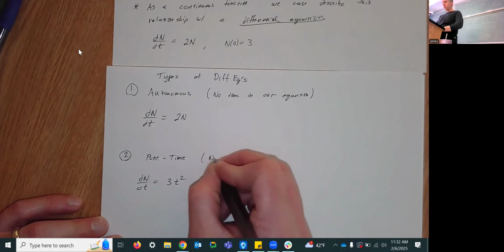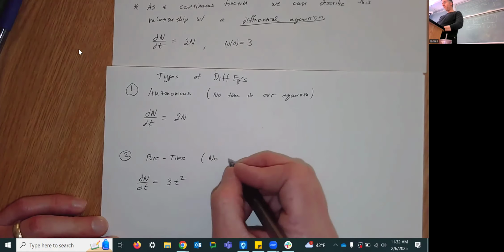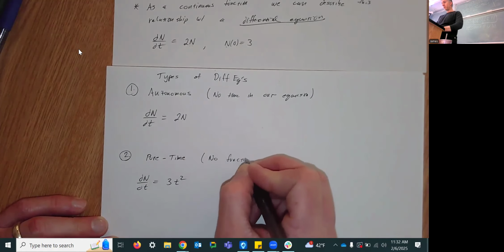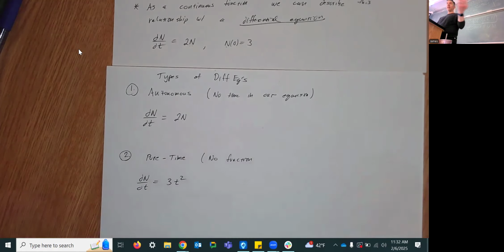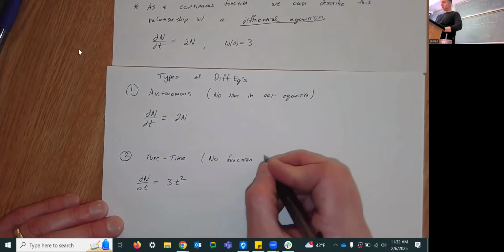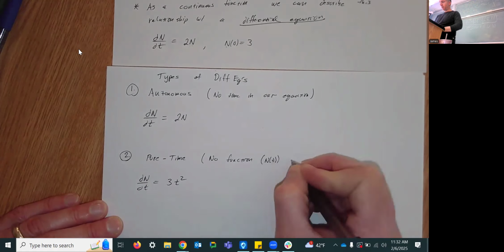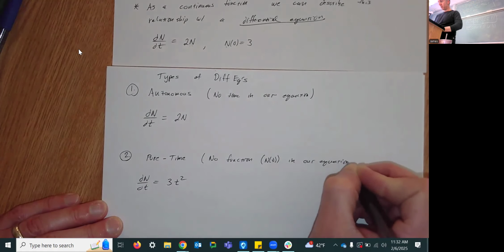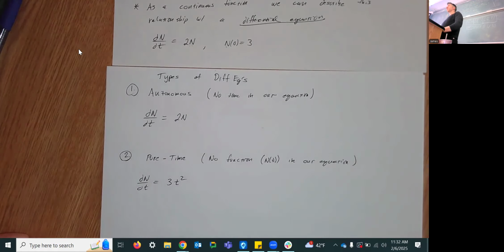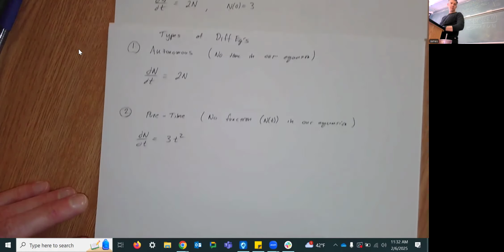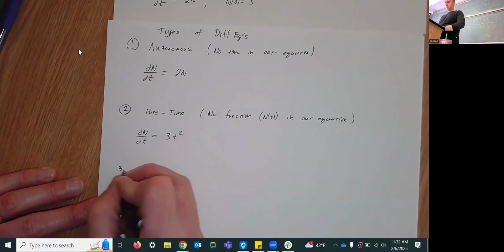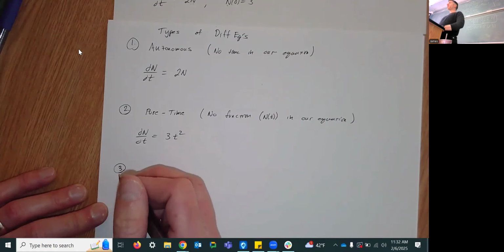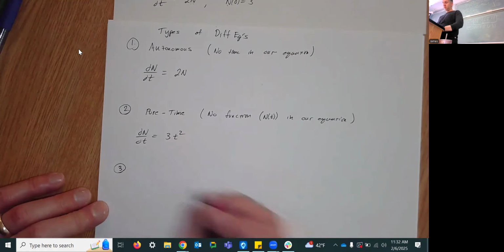So no function, which we're calling n, but you can call anything, right? n or y or f, in our equation. And then thirdly, the book uses the term non-autonomous.